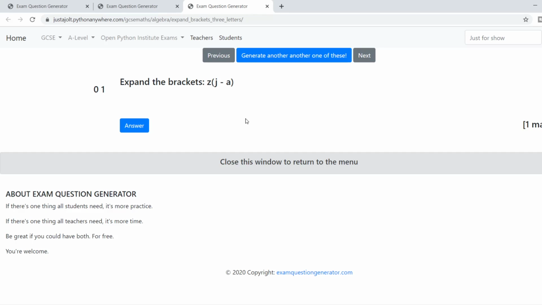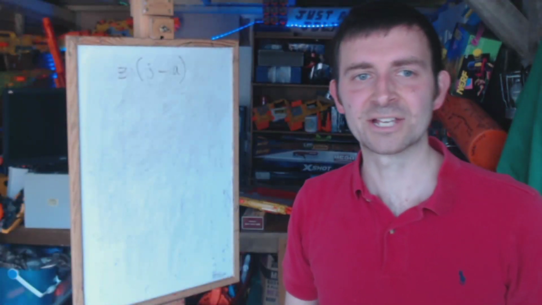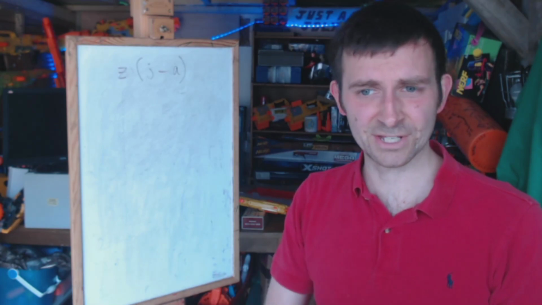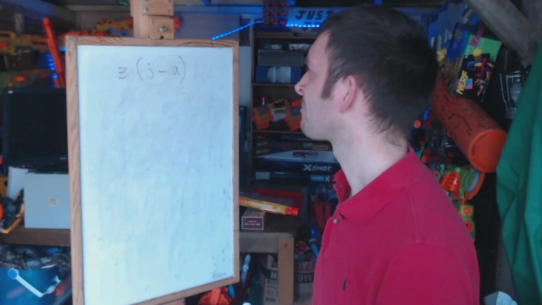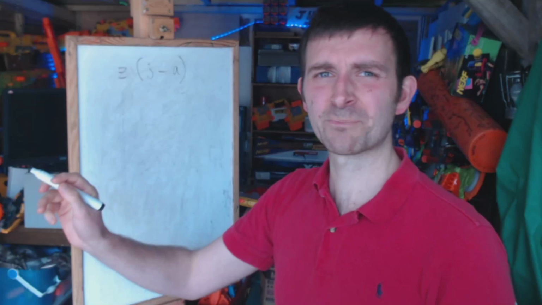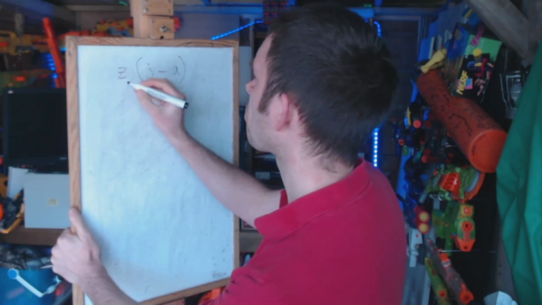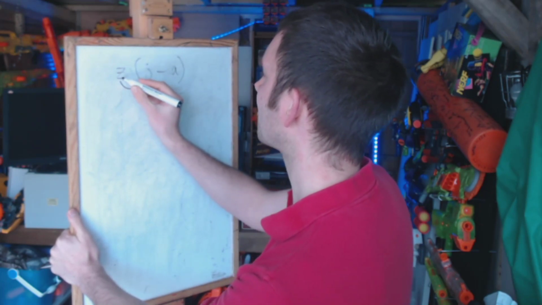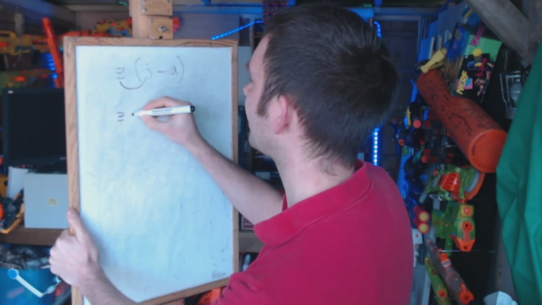So, we've got Z, J minus A. I'm starting off with letters because it illustrates the point I'm going to make about expanding brackets. The way you expand brackets is really very simple. You multiply these two together. So Z times J, that's going to be ZJ.